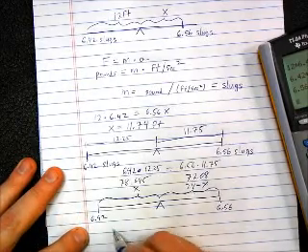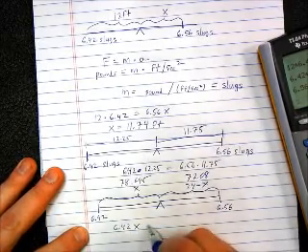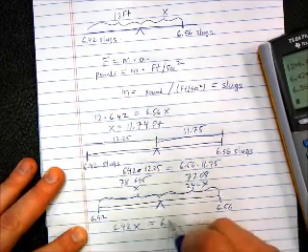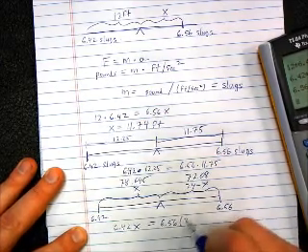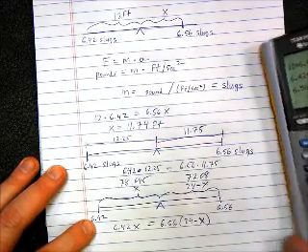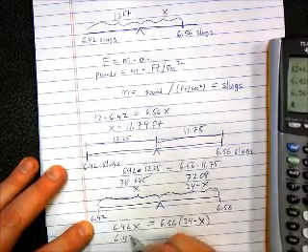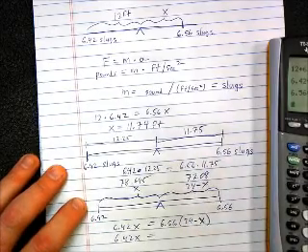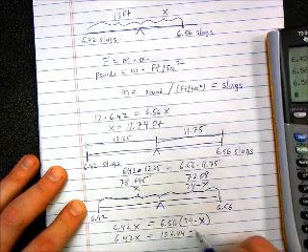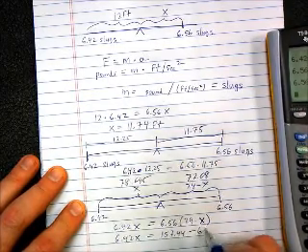All right, so we can have 6.42x equals 6.56 times 24 minus x. So that's 6.42x equals 6.56 times 24, 157.44, minus 6.56x.